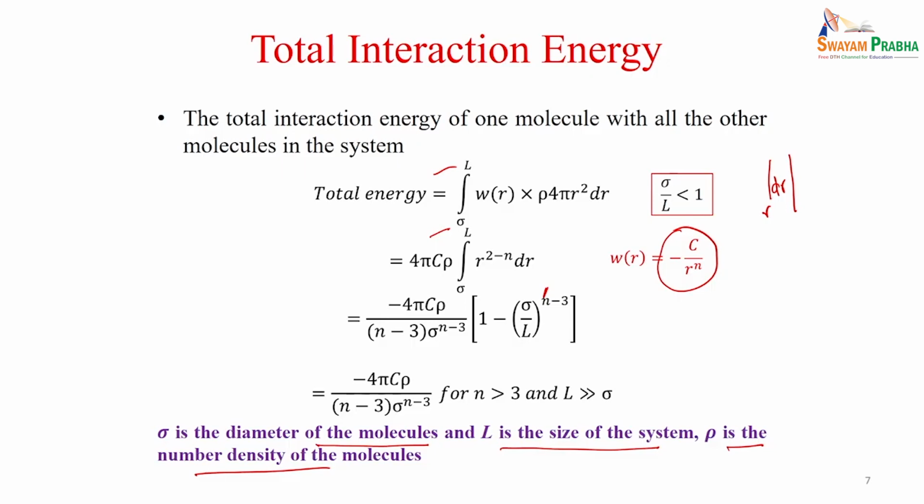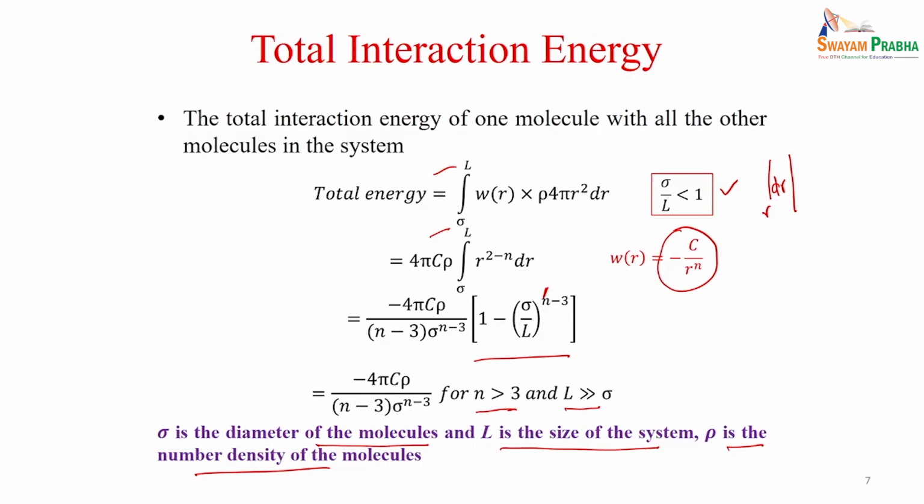If n is greater than 3, we can ignore this term. So, it will be simply 4 pi C rho upon n minus 3, sigma to the power n minus 3. This is very much understood, as the size of the particle will always be much smaller than the size of the system, or you can say sigma upon L is always less than 1.